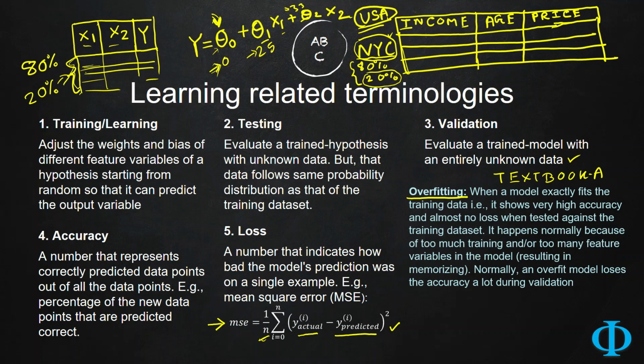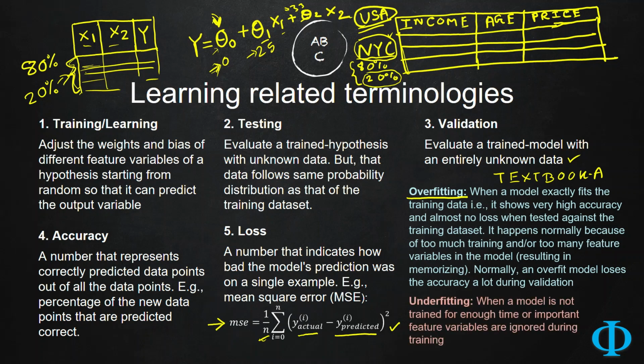And similarly, there is something called underfitting, when a model is not trained for enough time, or sometimes some important input features or feature variables are ignored during the training. At that point, underfitting can happen. But rather than underfitting, overfitting is a major problem in machine learning models.